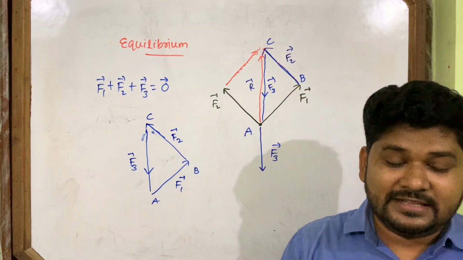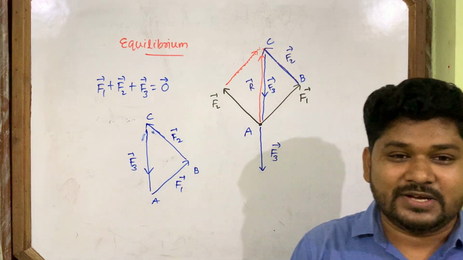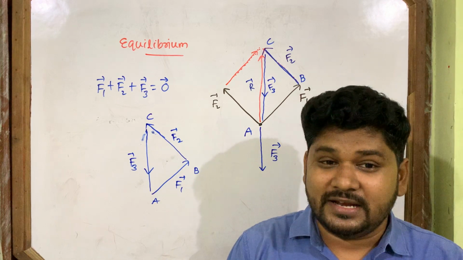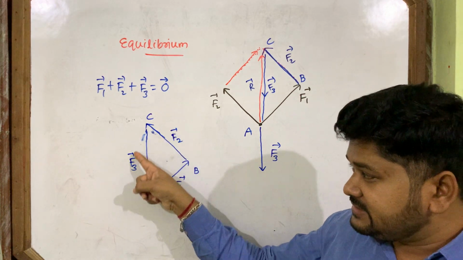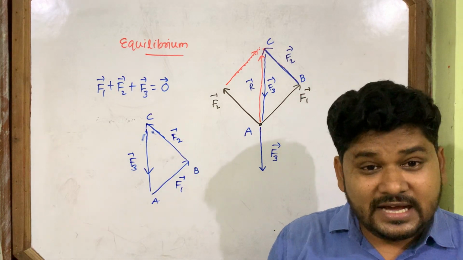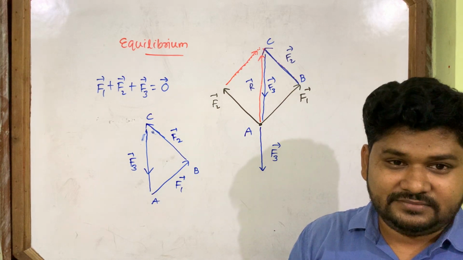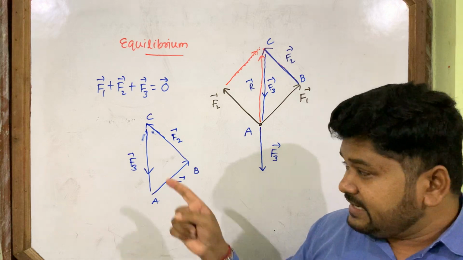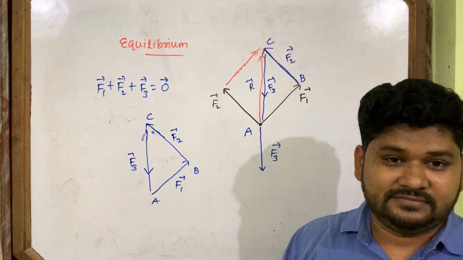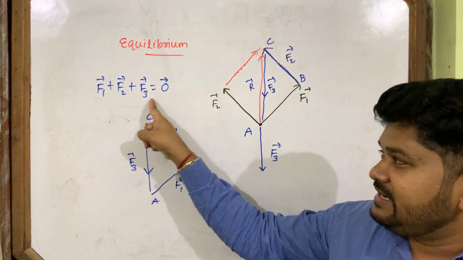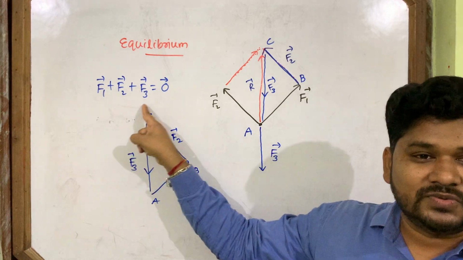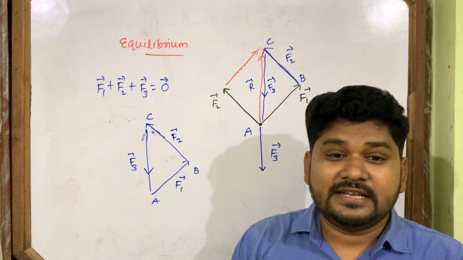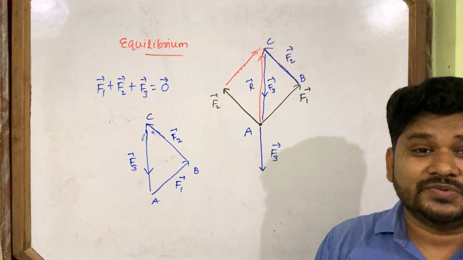You can also tell the alternate statement of the triangular law. What is the alternate statement? If three vectors are presented by three sides of a triangle taken in the same order, then their resultant is 0.